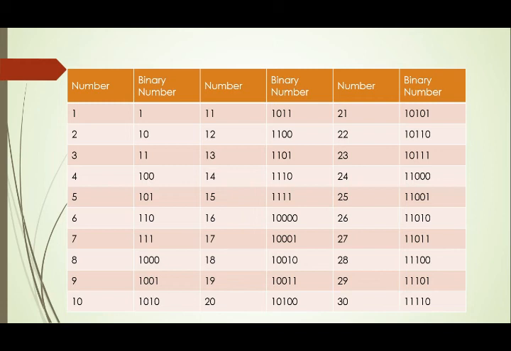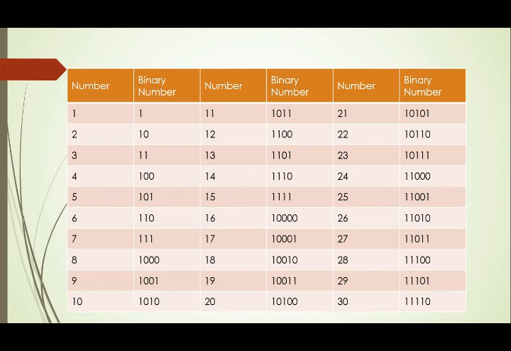Remember, in binary we have only two digits, 1 and 0. Number 3 is equal to 1 1, 4 is 1 0 0, 5 is equal to 1 0 1. In this way it will be calculated for each and every number.